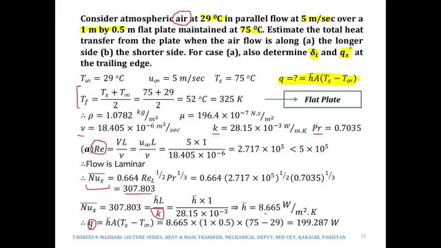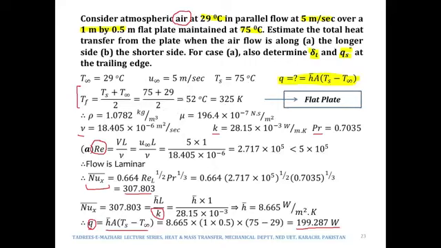Therefore the average comes out to be 8.6 watt per meter square Kelvin. Then putting this value in h bar A delta T, we will get Q as 199.2 watts.